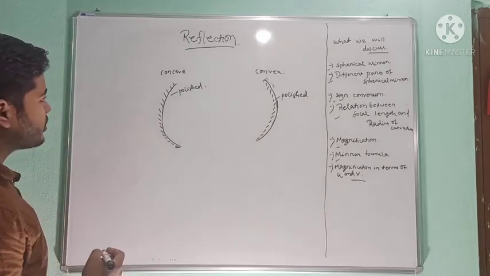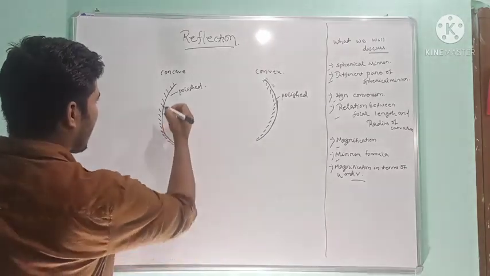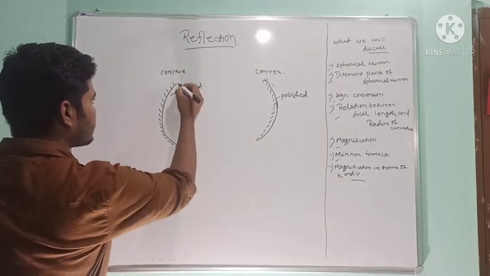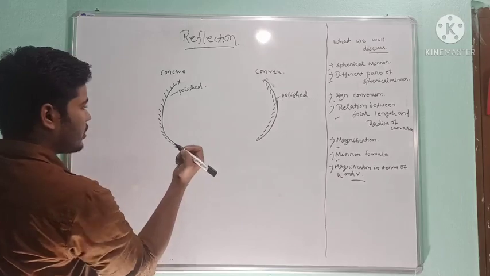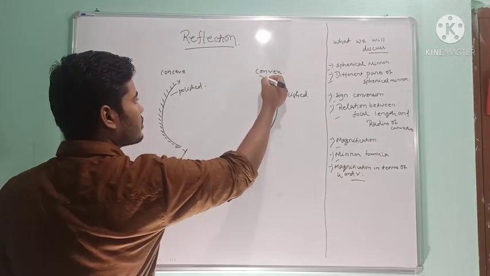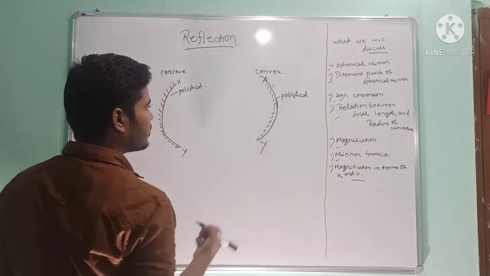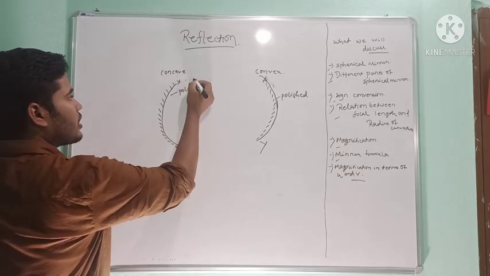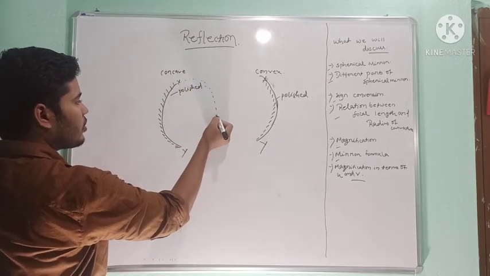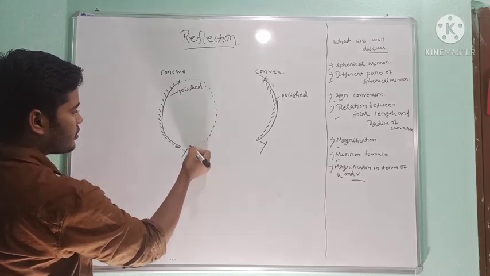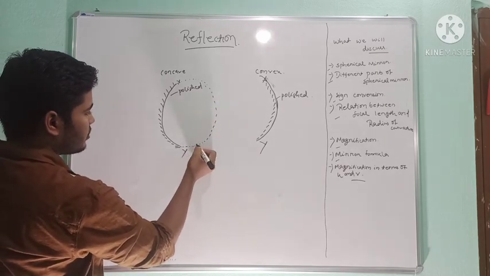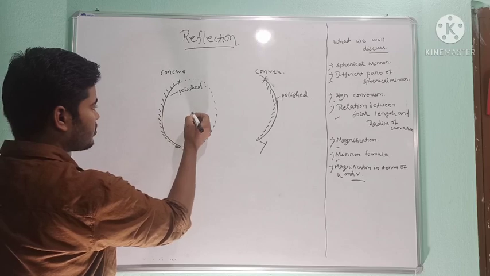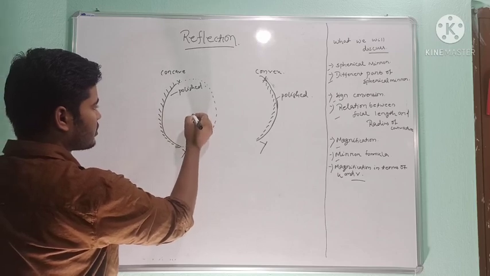So what are the different parts? This is the arc, X, Y, X, Y. All the spherical mirrors are a part of a hollow sphere. If it is a part of a hollow sphere, there must be a center.